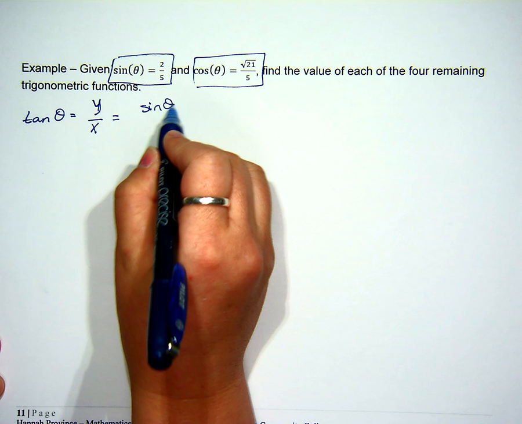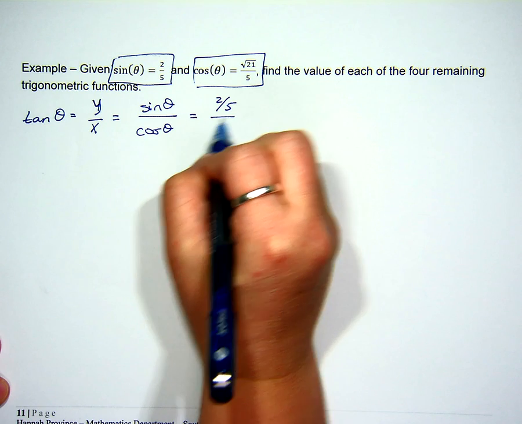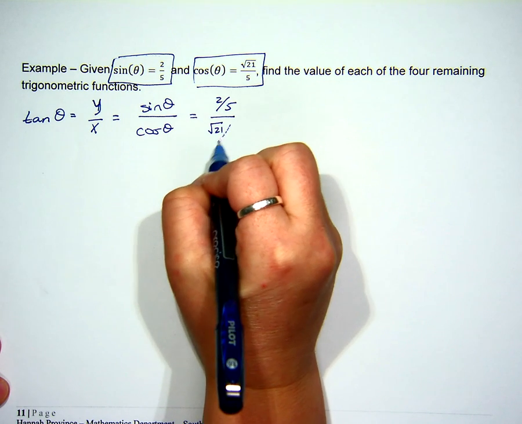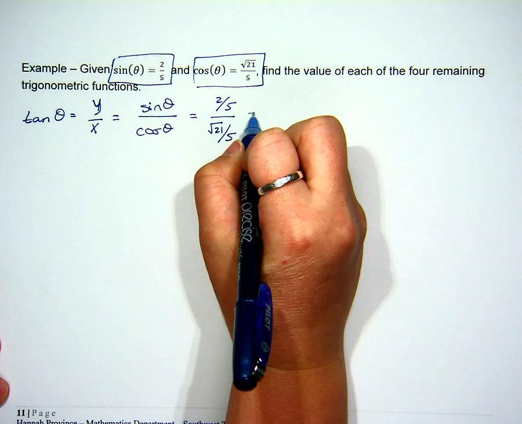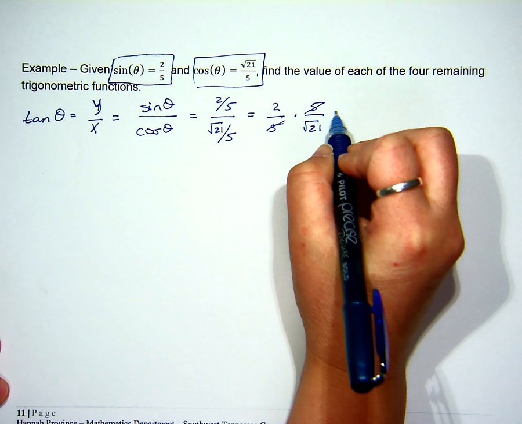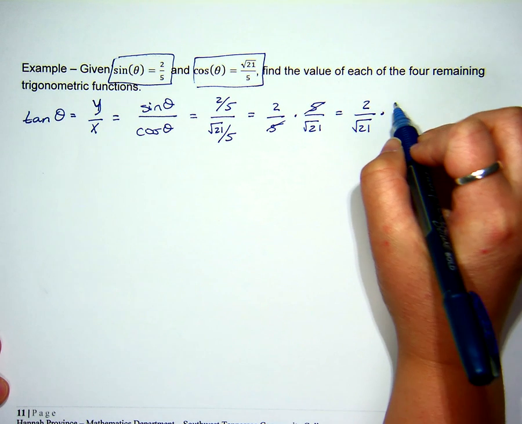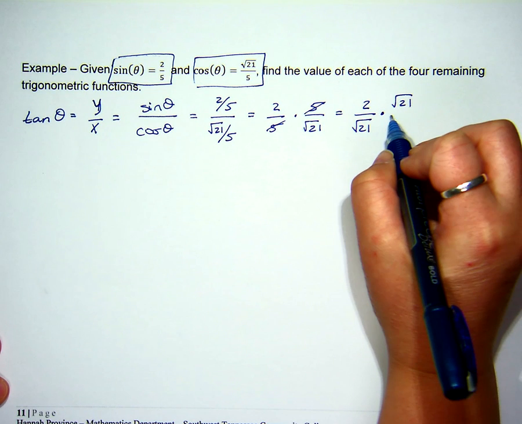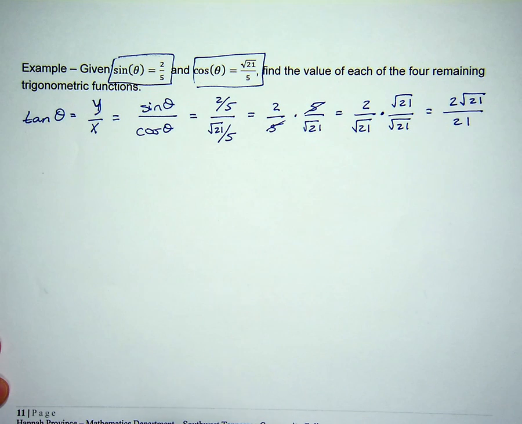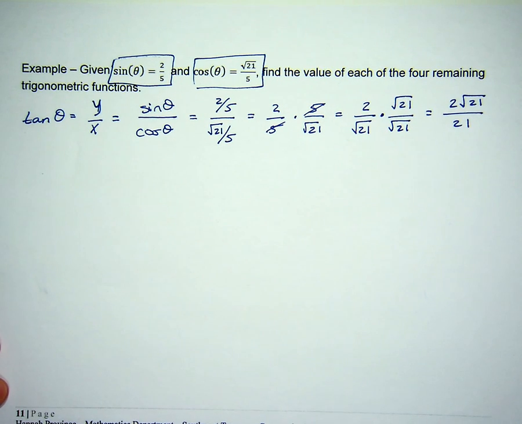So I know sine is 2/5. I know cosine is the square root of 21 over 5. Fraction division becomes fraction multiplication. I can't have a radical in my denominator, so I rationalize. So I get 2 square roots of 21 over 21.